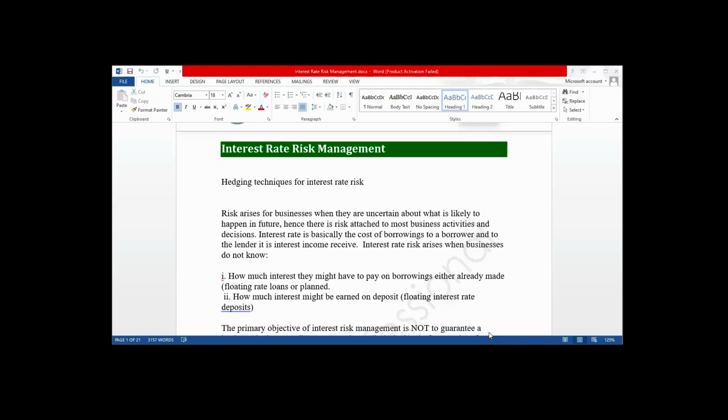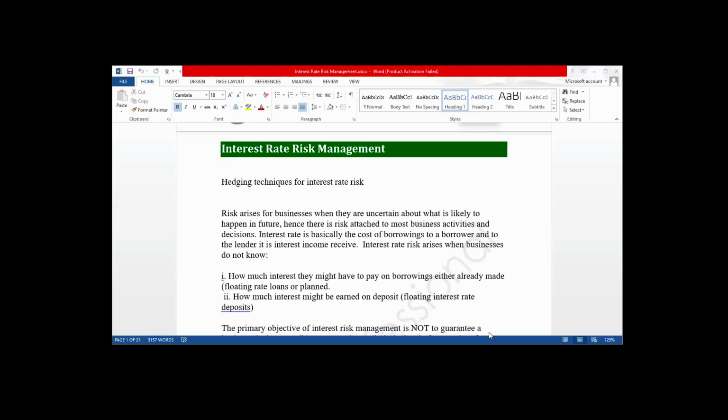So there's uncertainty as to the amount of interest the company will pay. It is this uncertainty that we call risk. And that is what we try to manage.